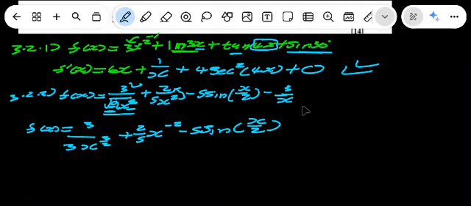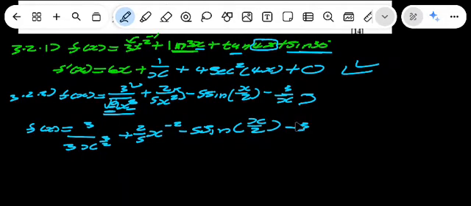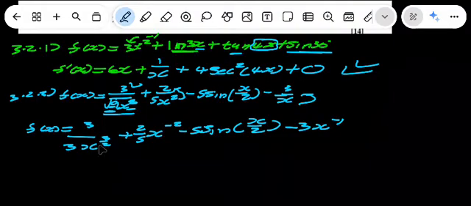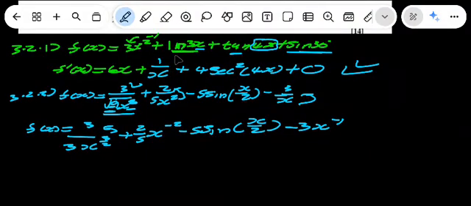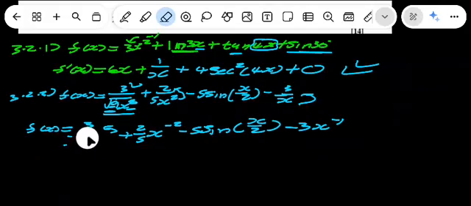You also take this to the top, there will be minus 3 x minus 1. So you can also take this on the top.